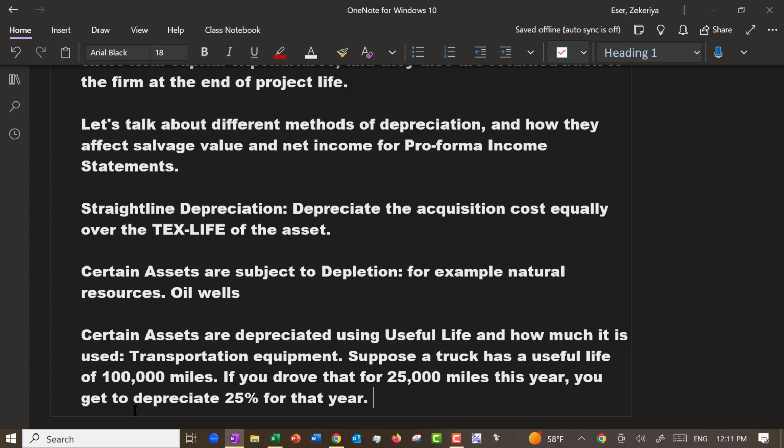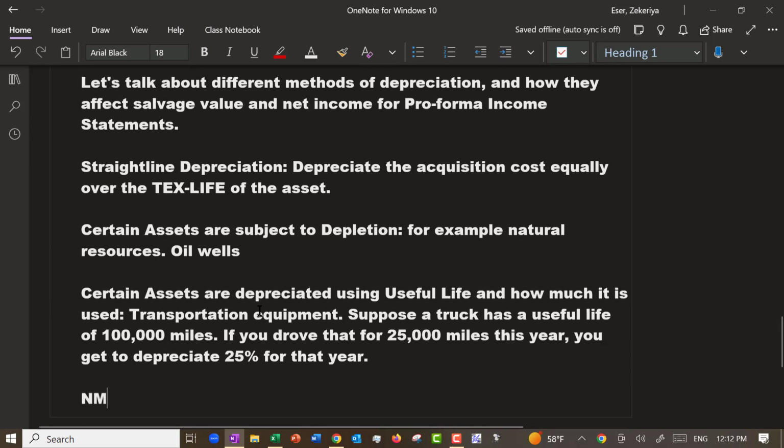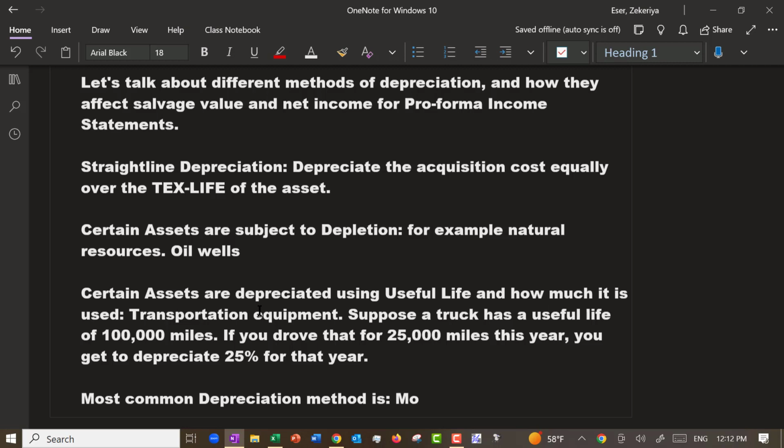But the most common depreciation method is modified accelerated cost recovery system, MACRS.